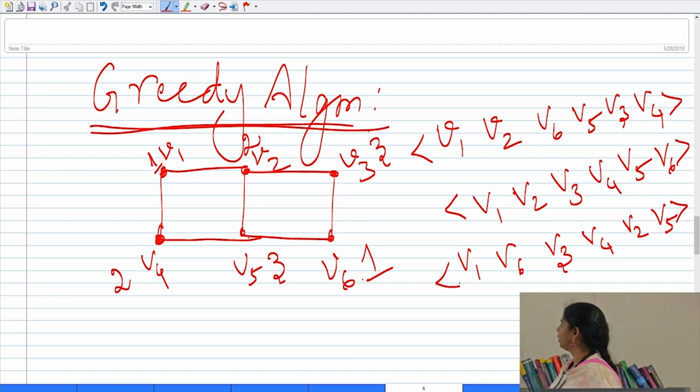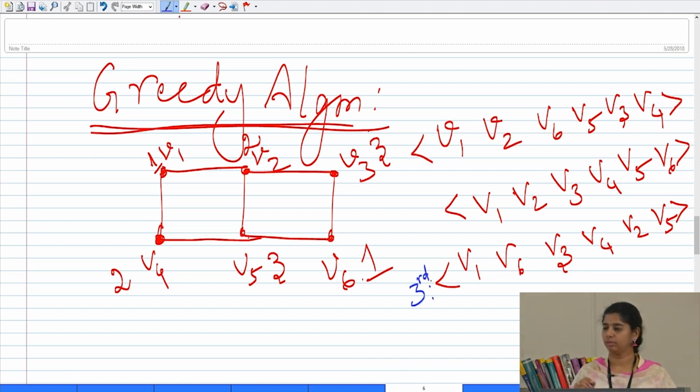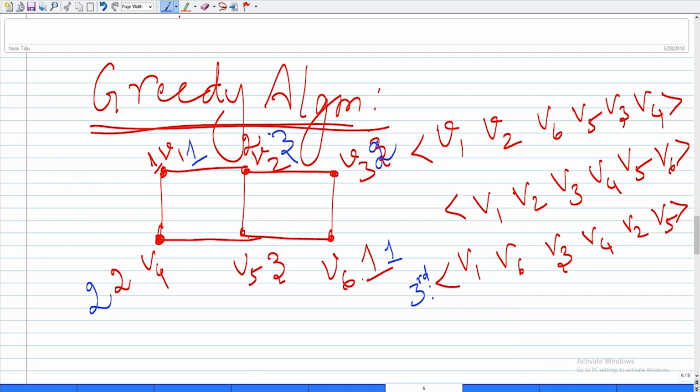think of the third one. How many colors do I require for the third one? As before, if we go greedily, we will choose for V1 color 1, V6 1 again, V3 2, V4 2, what about V2, 3, what about V5, 4.